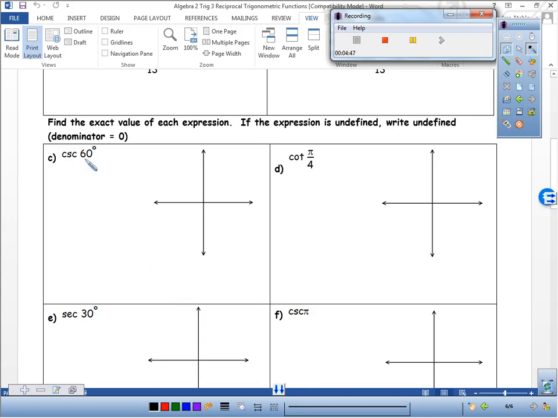Okay, cosecant of 60 degrees. So I'm going to start by graphing 60 degrees. This is 0, this is 90, this is 180, this is 270, this is 360.